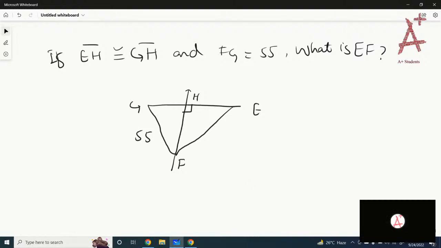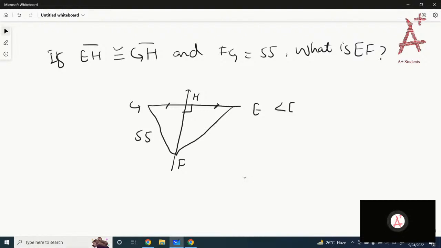Okay. So the perpendicular bisector divides this line into two equal parts. So EH and HG have the same side lengths. Got it? Okay, we have H, the angle at H is perpendicular.